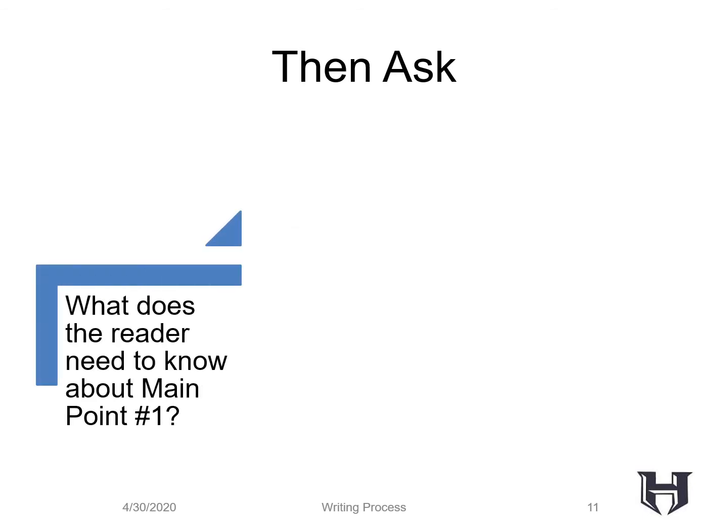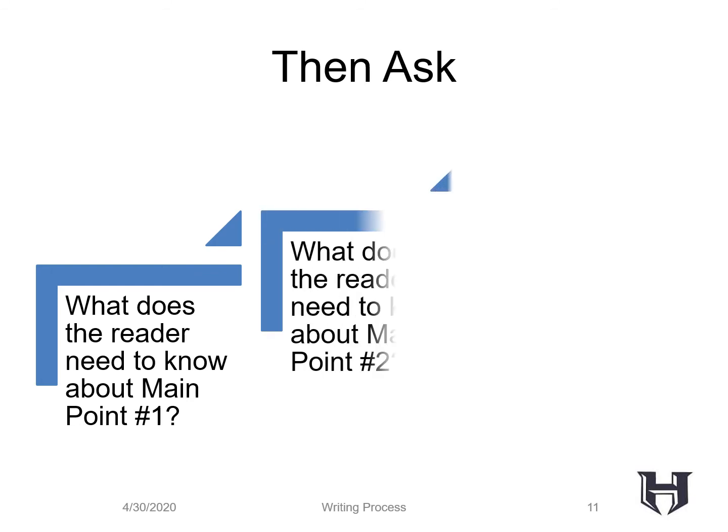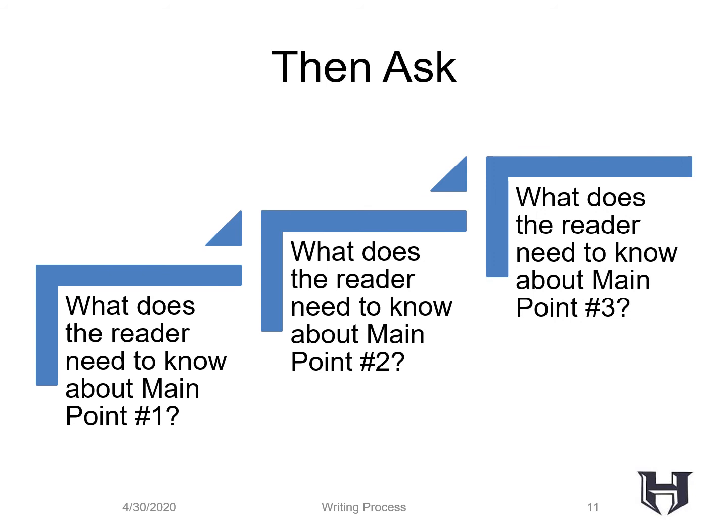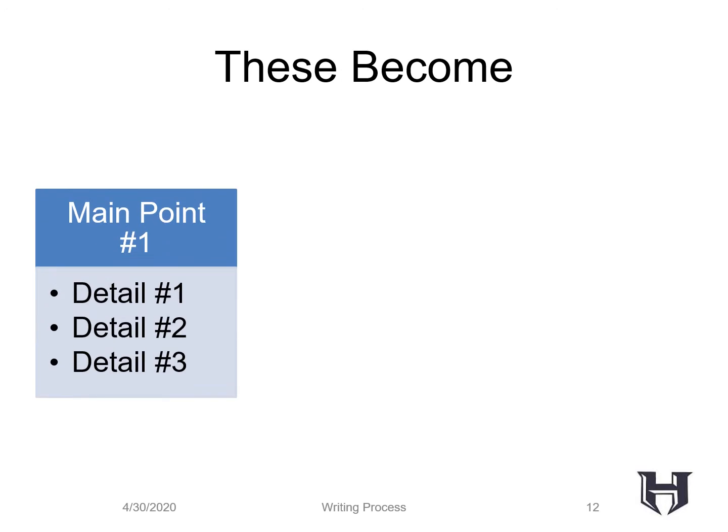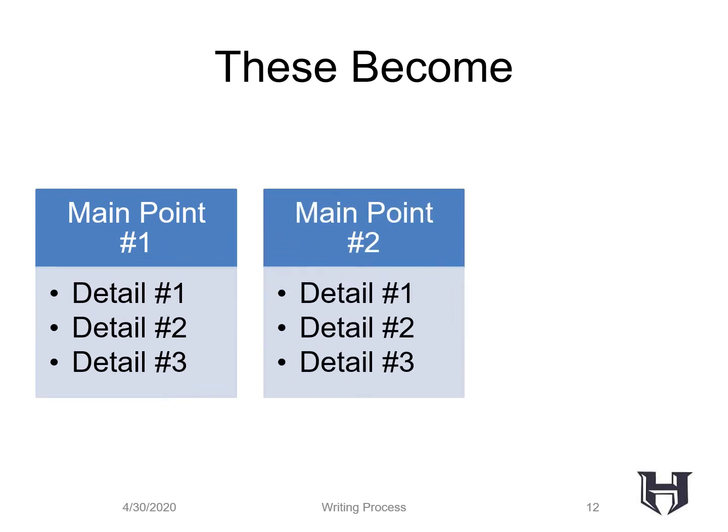Then ask, what does the reader need to know about that main point number one? That's where you put in or pull out all those little supporting details. What does the reader need to know about main point number two? What does the reader need to know about main point number three? These become your details underneath each main point.